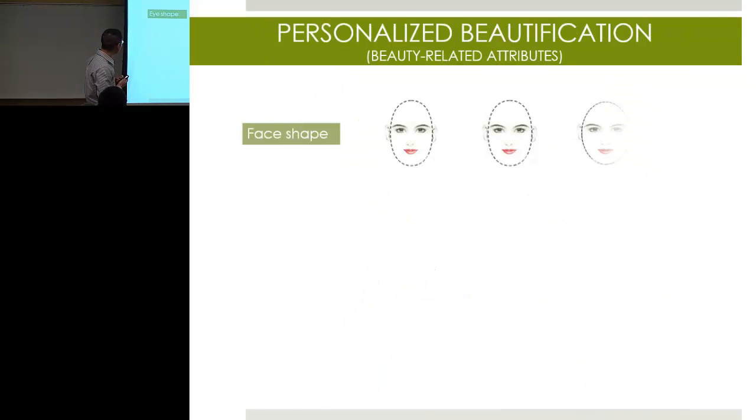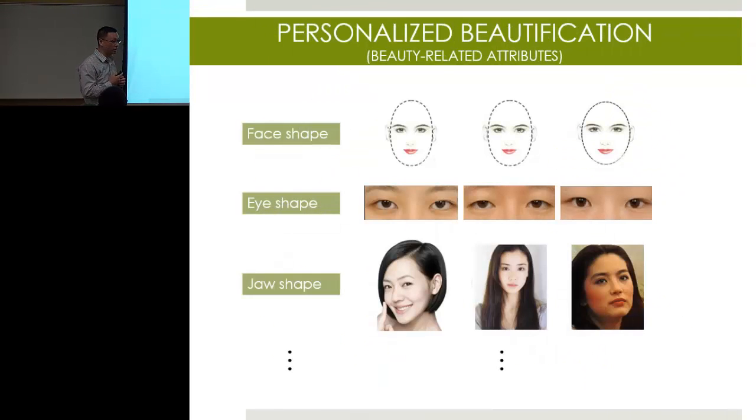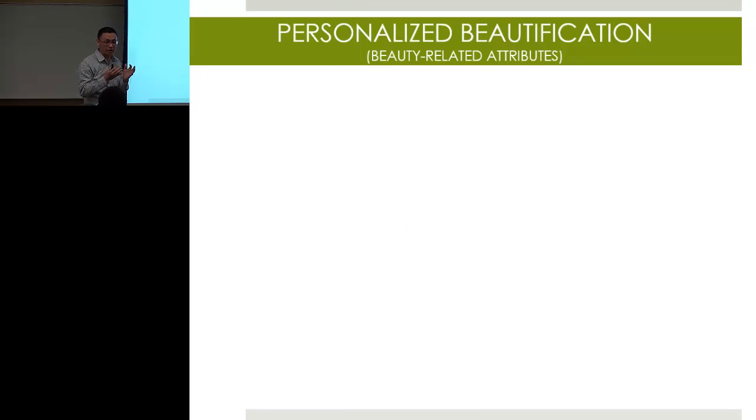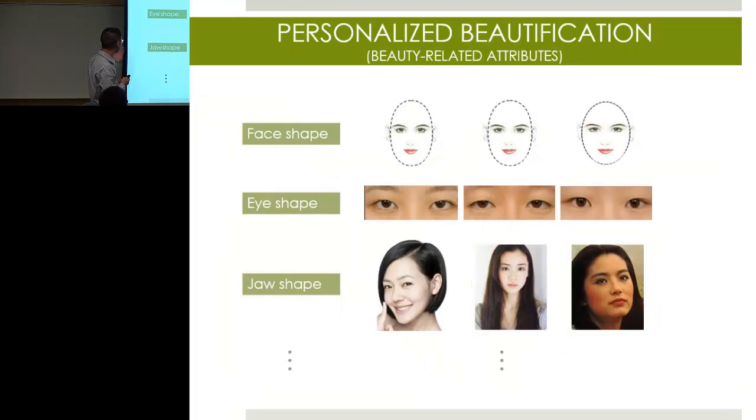The second thing is that beautification, similar to clothing, is quite personalized. For example, if your face shape is different, eye shape is different, jaw shape is different, then the shape of the makeup will be different. We call these factors beauty-related attributes.